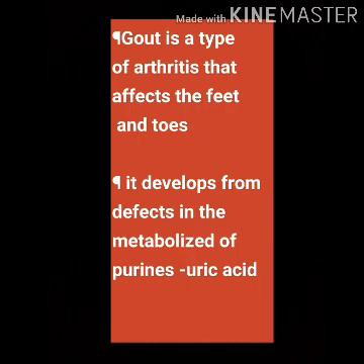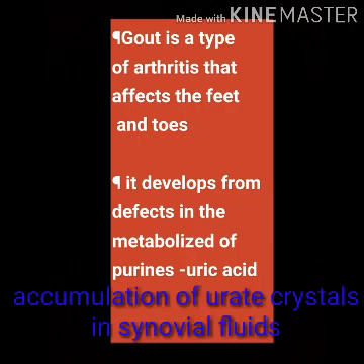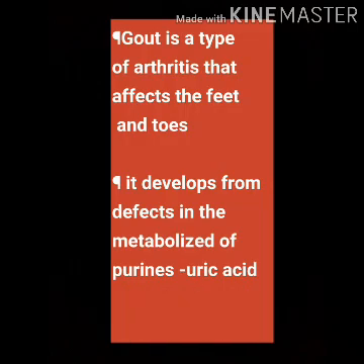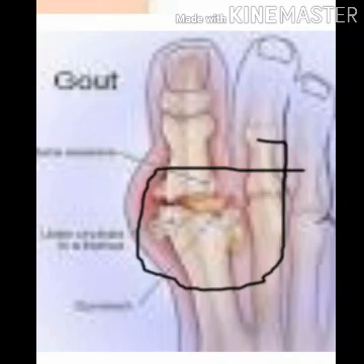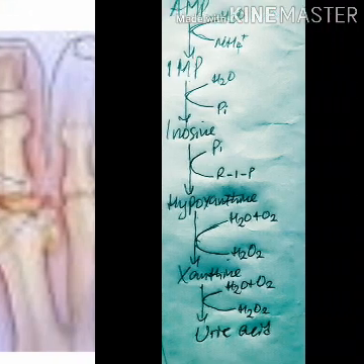When this happens, it might lead to accumulation of urate crystals in the synovial fluids, and this will lead to pain and inflammation. As shown in the picture, we can see the accumulation of urate in the synovial fluid that leads to swelling in the big toe.